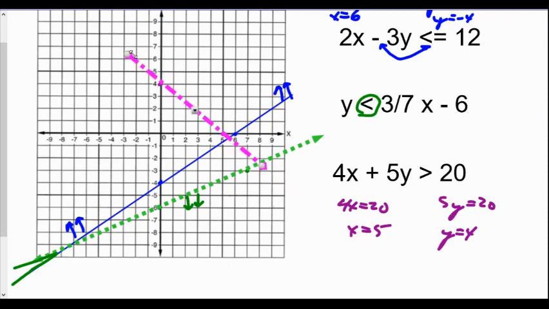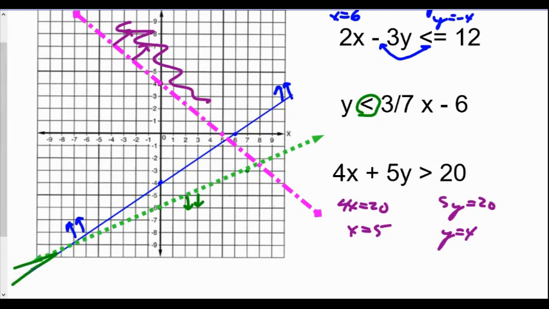So we want to go up that way. Okay. And in relation to that line, we want it to be, oh, it must be above that. It needs to be above that line, because it's greater than. So we need it to be up here, but yet it needs to be down here.